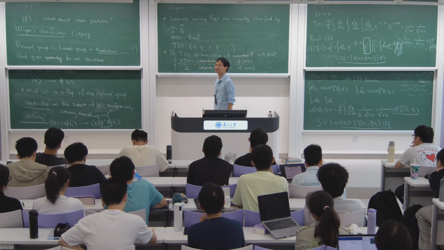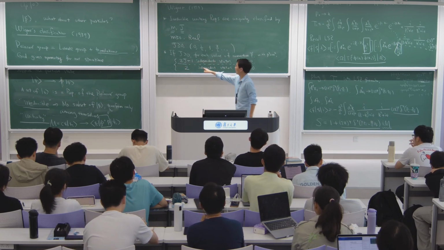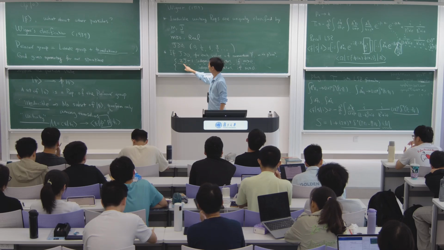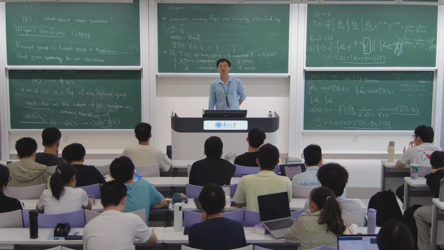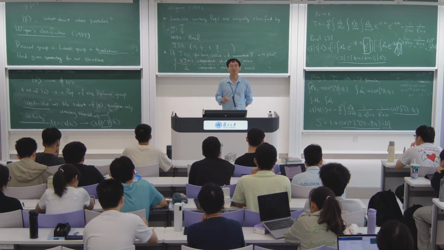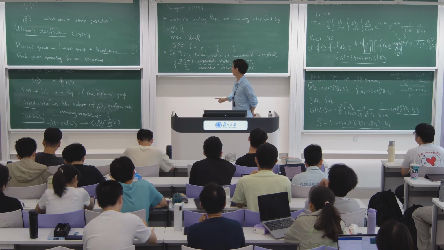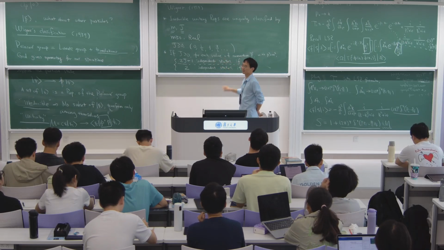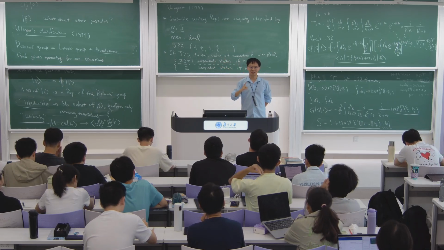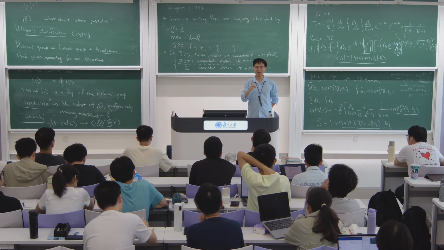Now J equals a half, so 2J plus 1 equals 2. This independent state essentially means the spin of the electron can be up or down.